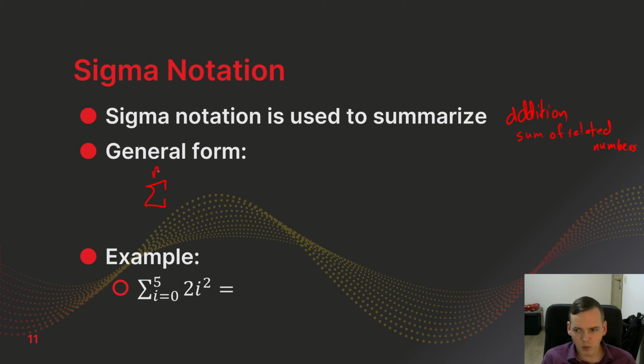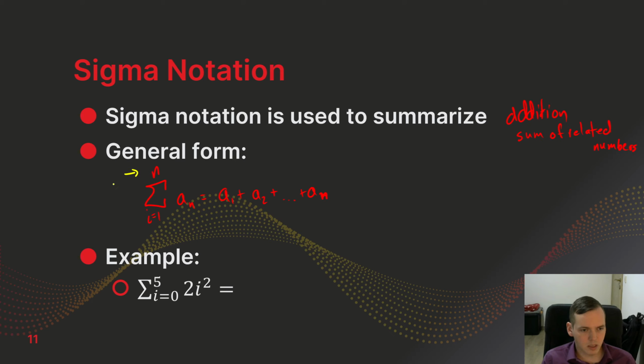The general form is something that looks like this. That should be a little n. So let's do this.